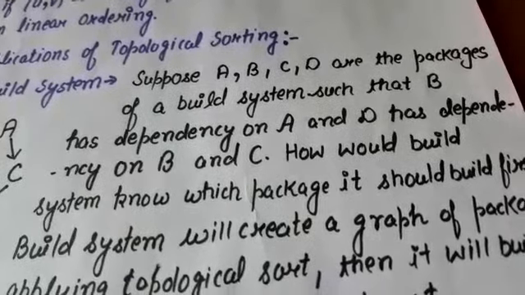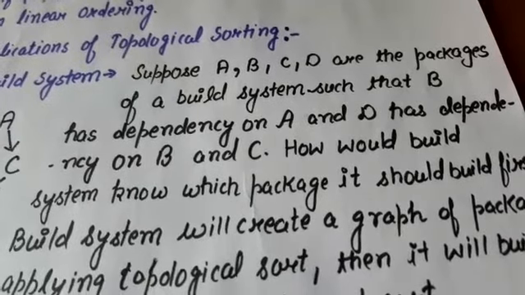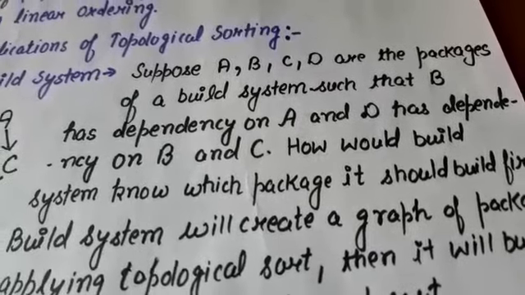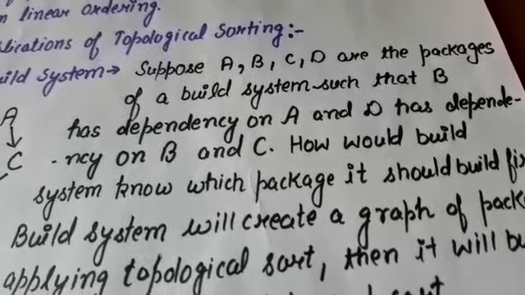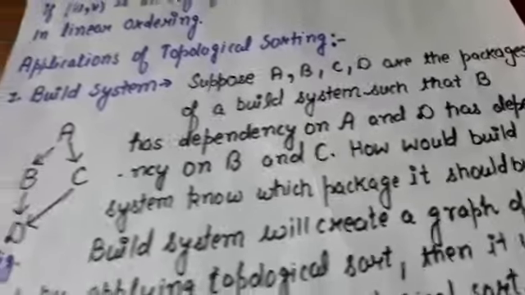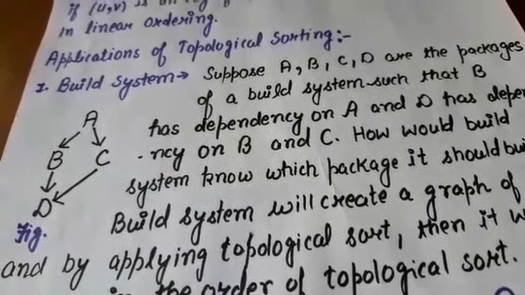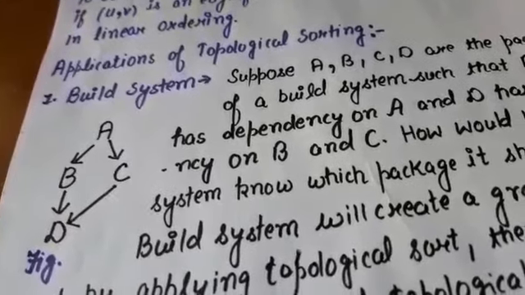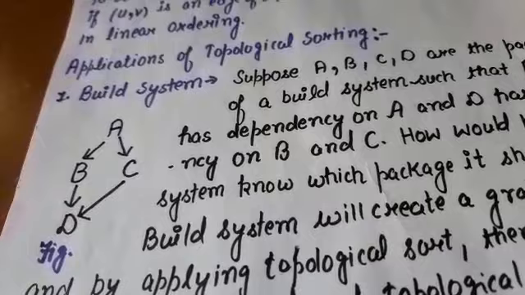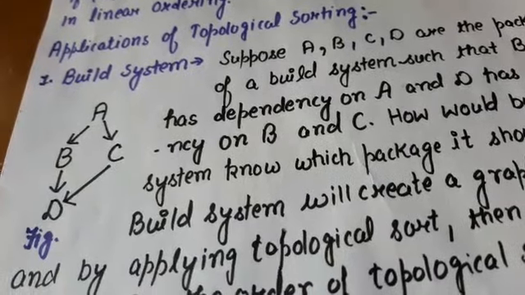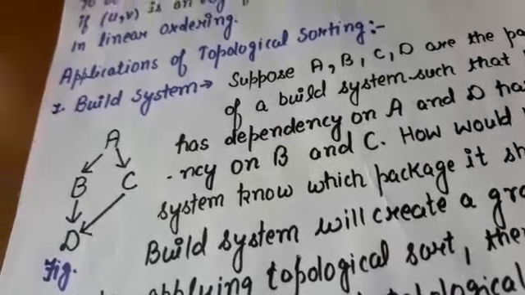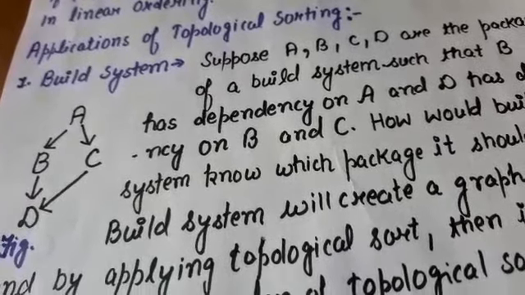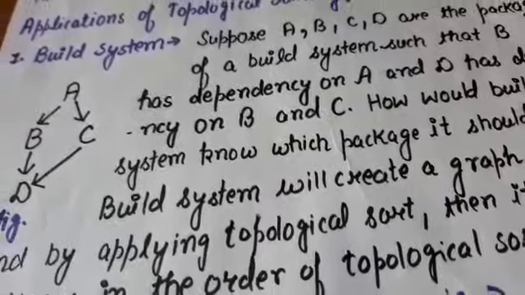So how can I evaluate which package should be considered first? I can evaluate this thing through the topological sorting. See, I will make a graph for the packages of the project. See this graph. I have taken four packages A, B, C, D, and I have also mentioned here the directed acyclic graph of these packages, right?